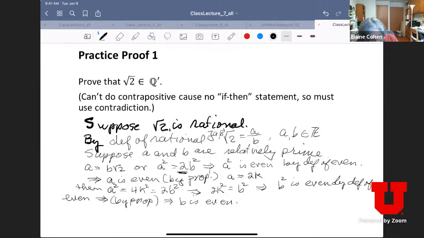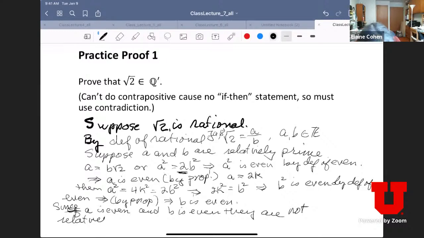Okay, since a is even and b is even, they are not relatively prime.